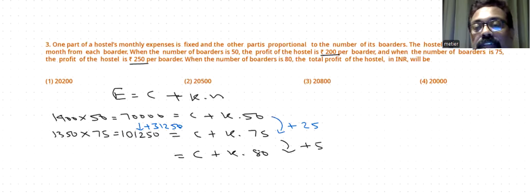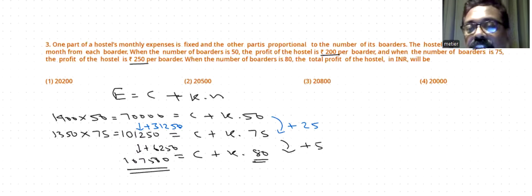When the increase is 5, from 25 to 5, it is 1/5, so expenses will also increase by 1/5. So 1/5 of 31,250 will be 6,250. So the new expenses will be 107,500. So when we have 80 boarders, expenses become 107,500.